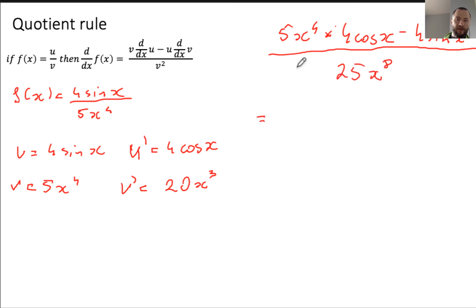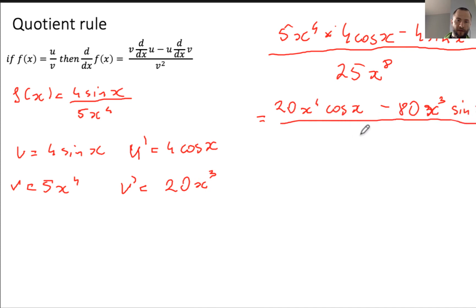So if I simplify that a little bit, I'm going to end up with 20x to the power of 4 cos of x minus 80x cubed sine x, and all that divided by 25x to the power of 8.